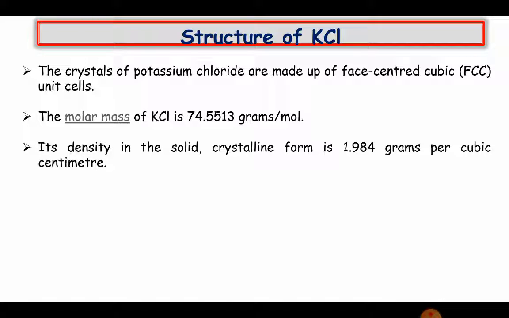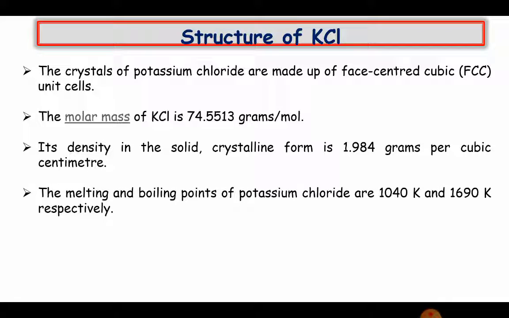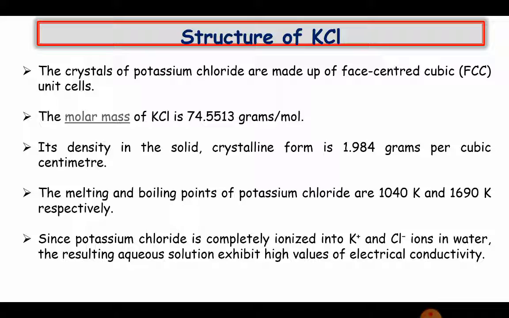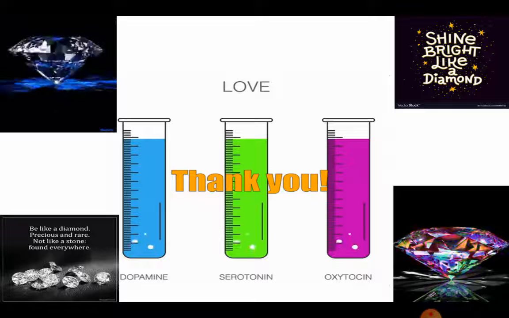The density in the solid state is 1.9 gram per cubic centimeter, and the melting and boiling points of potassium chloride are 1040 Kelvin and 1690 Kelvin respectively. Potassium chloride is completely ionized into K plus and Cl minus when you put it in water, and this is the structure of potassium chloride.